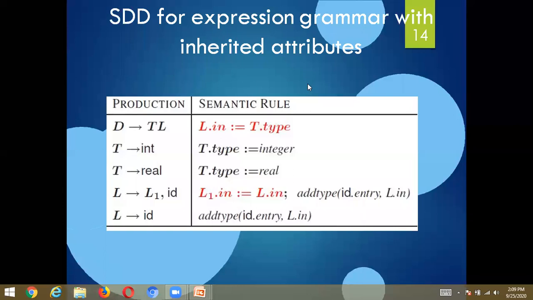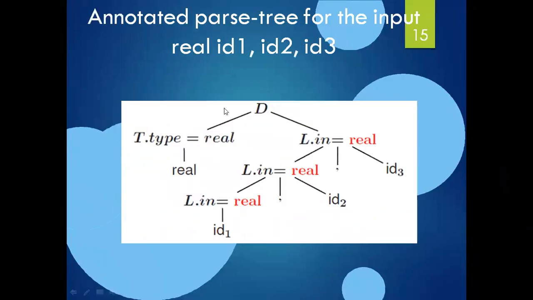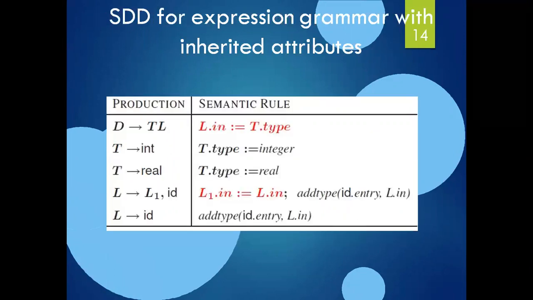Here we need to annotate the parse tree for the computation of the inherited attributes for the given string, or for the given grammar. In the further slide we have the input string: real id1 comma id2 comma id3, right? And for this input string, we are computing the inherited attributes.